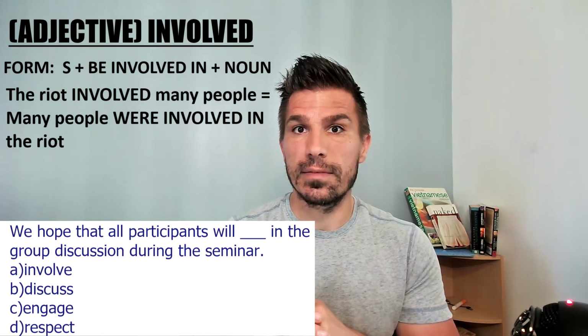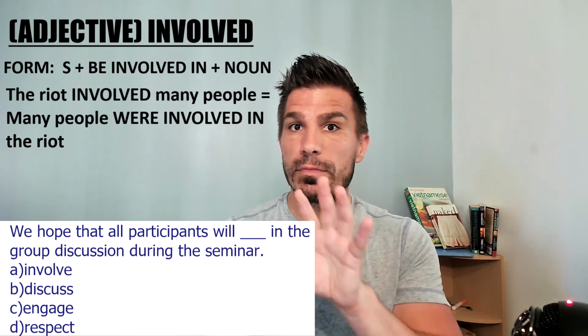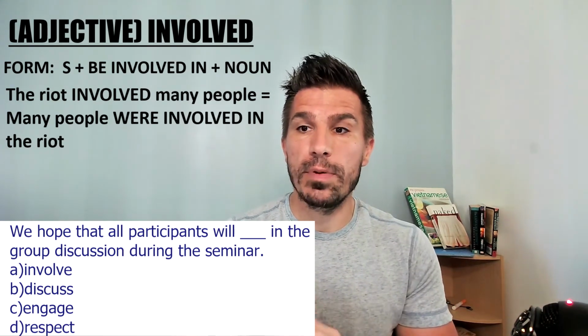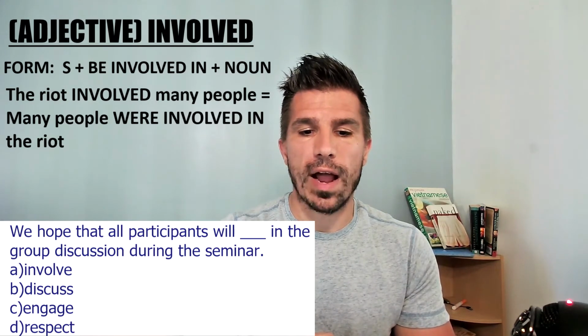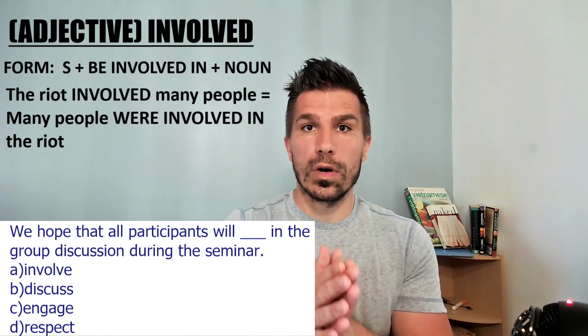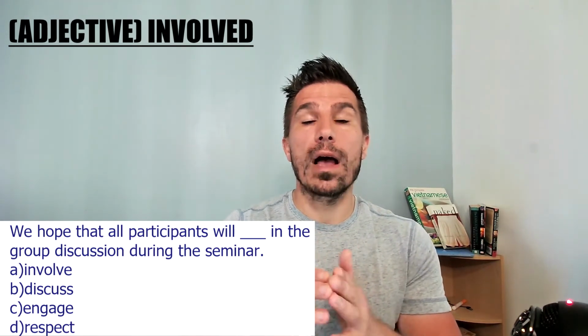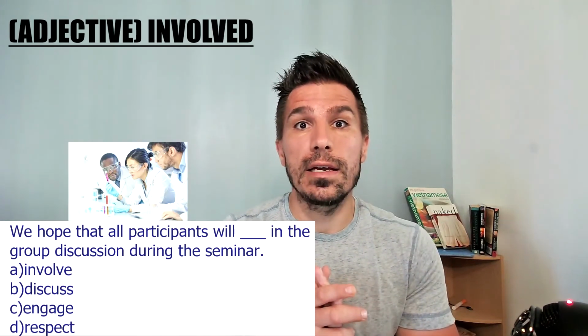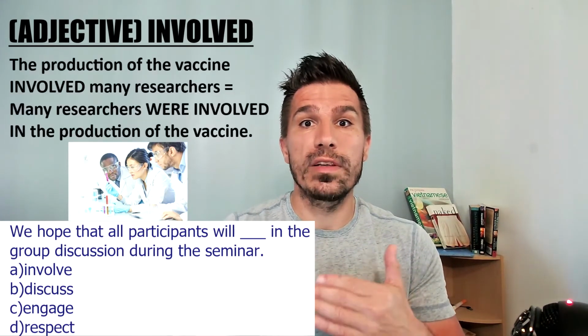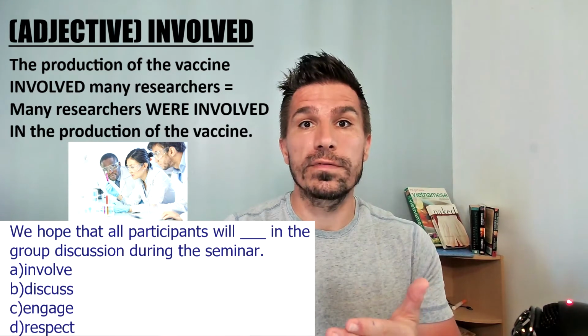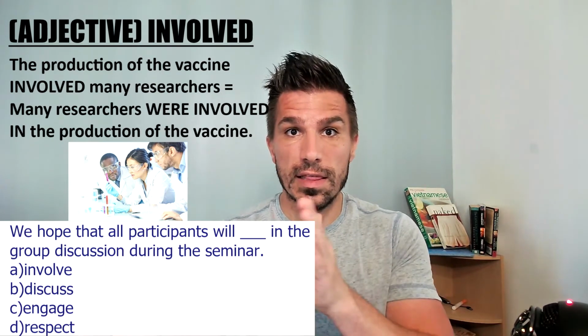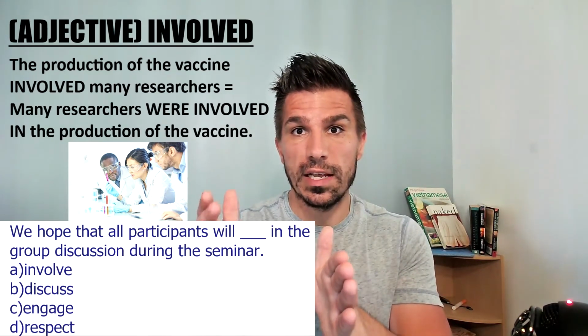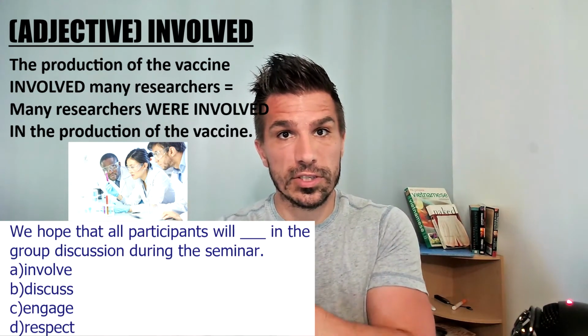See that? This is an adjective. I have a be verb before. Many people were involved in the riot. Or I say the production of the vaccine involved many researchers. That's the verb. The production involved many researchers.